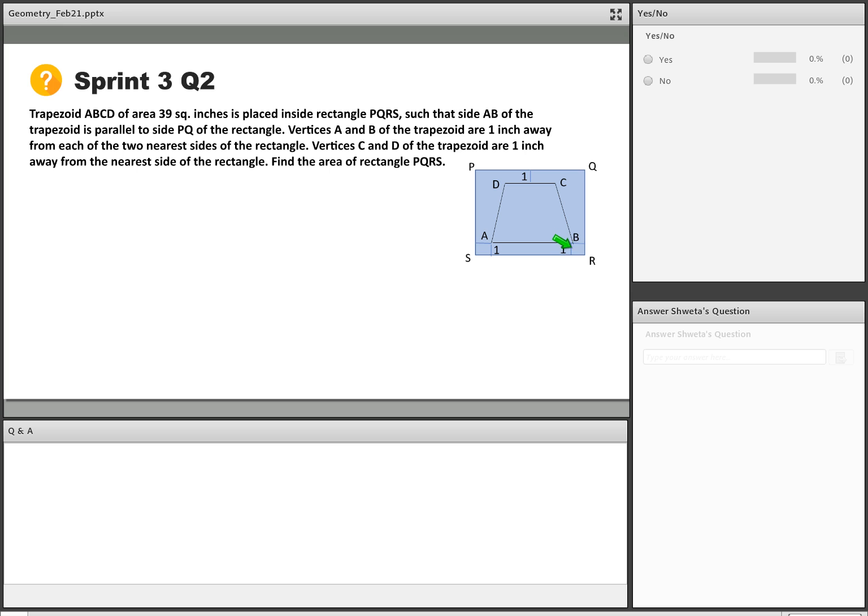Same thing for B. This is also 1 and this one here is also 1. Well, when you talk about C and D, it says they're 1 inch away from the nearest side. Not each of the two nearest sides, but just the nearest side. So D and C both have PQ closest to them. So it's 1 inch away, which means this thing here is 1. Now this is all we have from the figure.